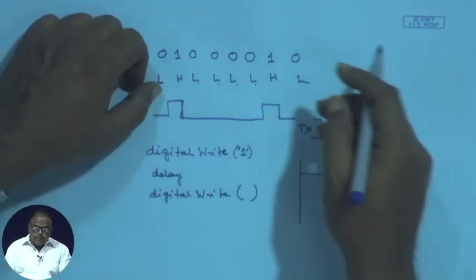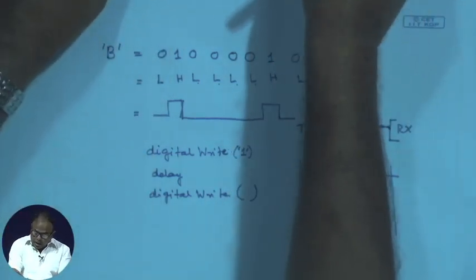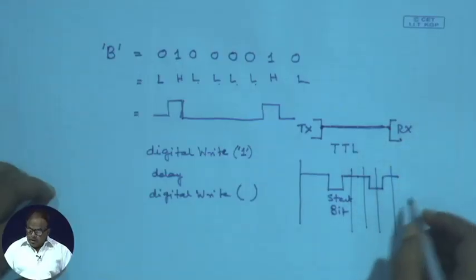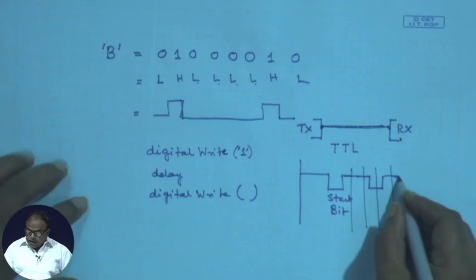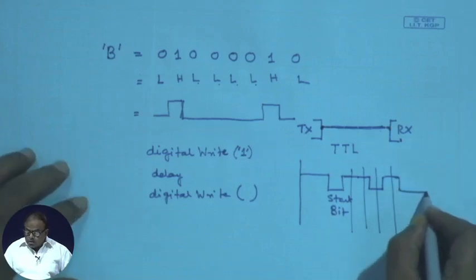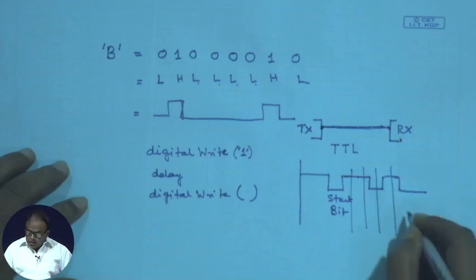So, we need a start bit. Similarly, since I am sending serial data, I must also tell the receiver where the stop bit is. For that, the stop bit is again 2 bits of zeros. All right.